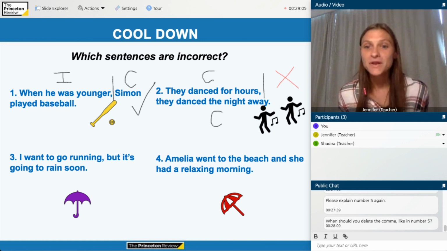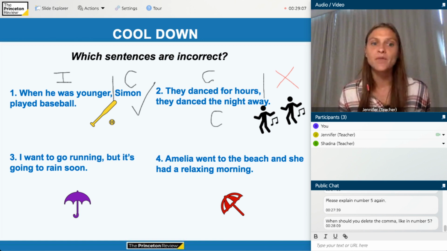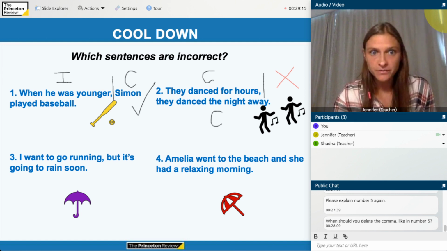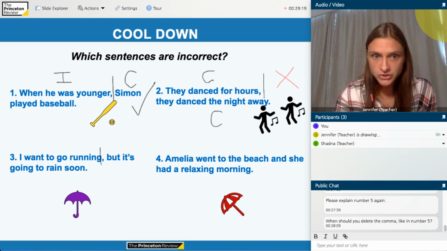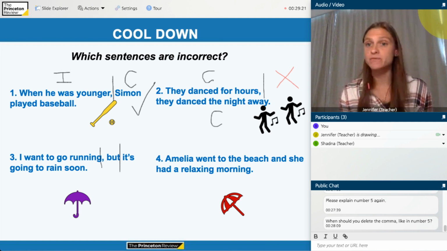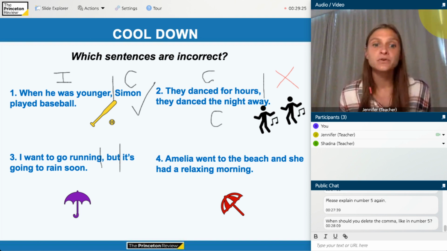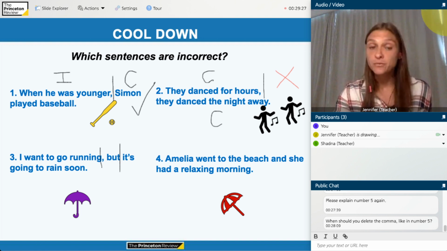All right, number 3, I want to go running, comma, but it's going to rain soon. So remember, when you're dealing with one of your fanboys, those coordinating conjunctions, you don't want to count that as either part of the sentence because it's connecting your sentences. So I want to go running. That's complete.